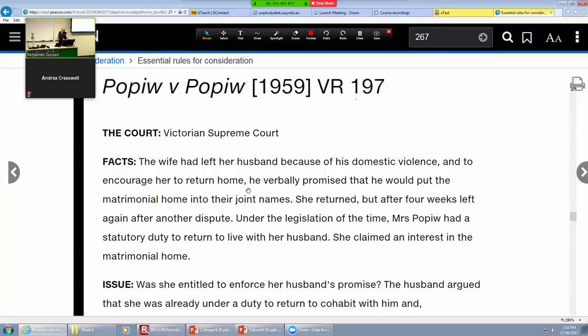To encourage her to return home, note this is 1959, the husband promised the wife verbally that he would put the matrimonial home in their joint names. So he said, look, if you come back to me, I will change the ownership of this home so that we become joint owners. So she returned. Okay.